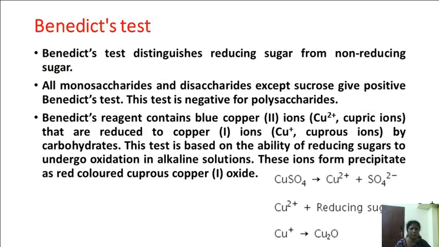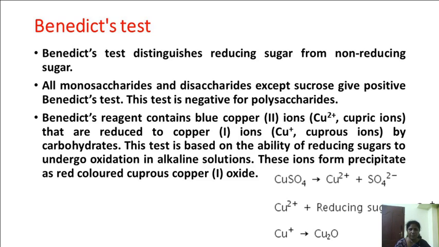Second one is Benedict's test. Benedict's test distinguishes reducing sugar from non-reducing sugar. All monosaccharides and disaccharides except sucrose give a positive Benedict's test. This test is negative for polysaccharides.